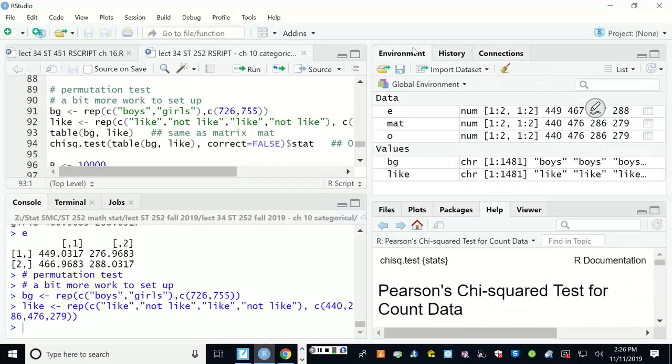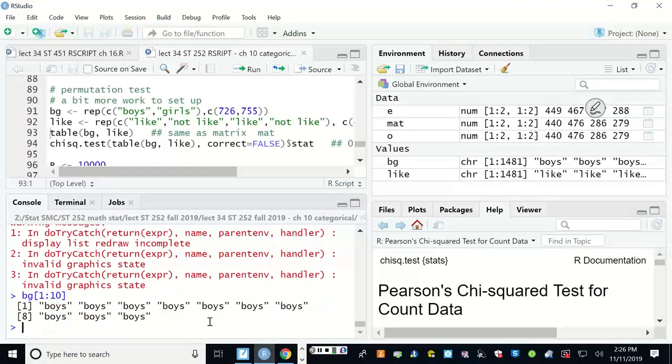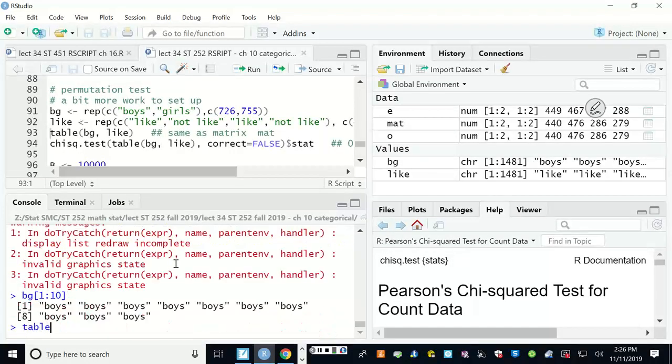So if you set those two things up, you get new variables. In this environment up here, you have BG for boys, girls, and like, just like or not like. The table of boys and girls. I don't know why it gives me those other things. But the first 10 values of boys are all boys, and then eventually some girls come into the list.